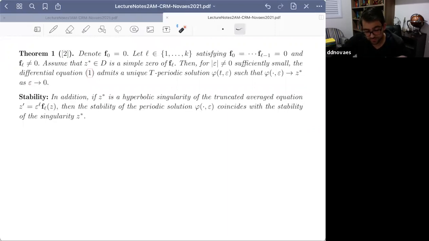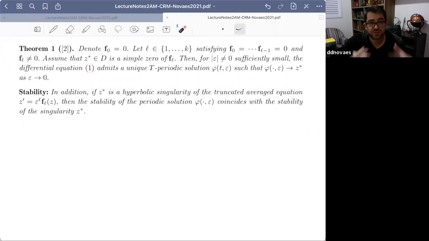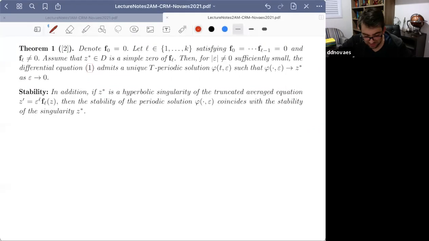I made some comments before we started talking about the averaging method about the stability of periodic solutions in terms of the displacement function. So let us recall these comments and add some more information about it.